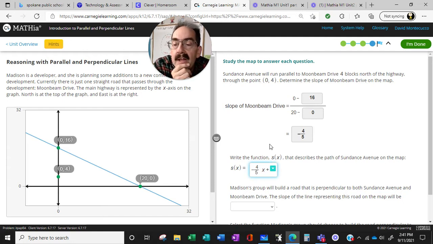Oh, my bad. We know the slope of the line is based on Moonbeam, but it's going through this y-intercept. The y-intercept is 4.